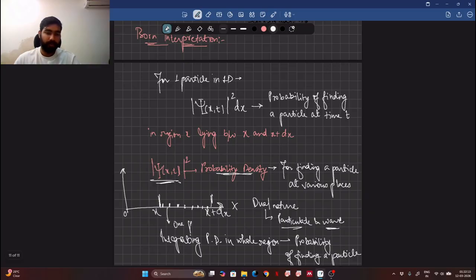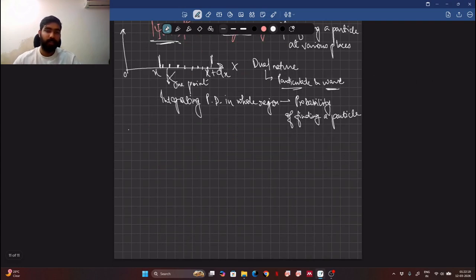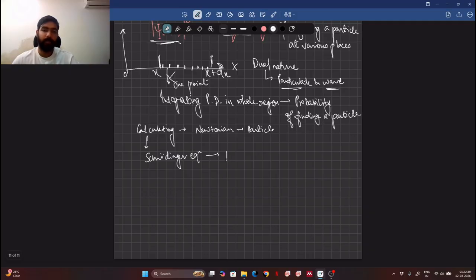So instead of calculating the particle in the Newtonian sense, we use the Schrodinger equation, because the particle has both natures.